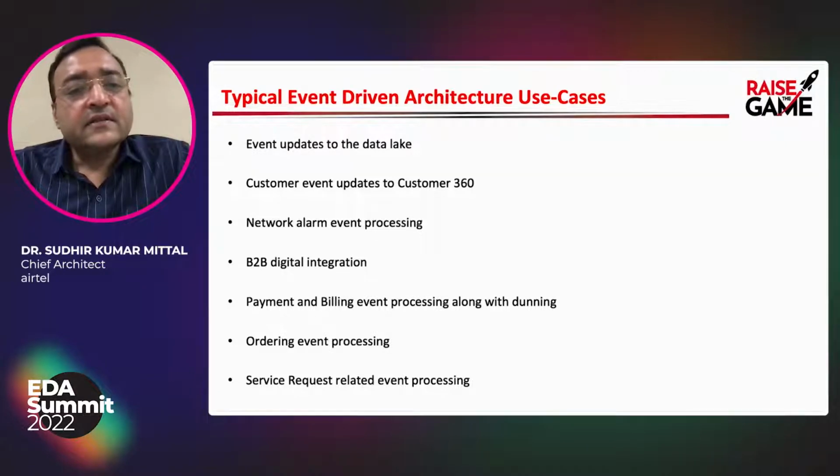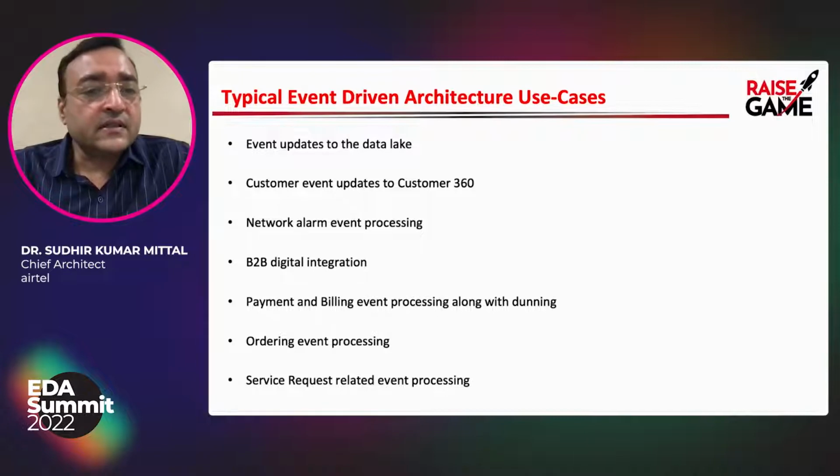Similarly, customer events and lifecycle events update Customer 360. Again, this is event based. Network alarm event processing is again using Solace here. And there is B2B digital integration, payment and billing event processing along with dunning, ordering event processing, and service request related event processing.